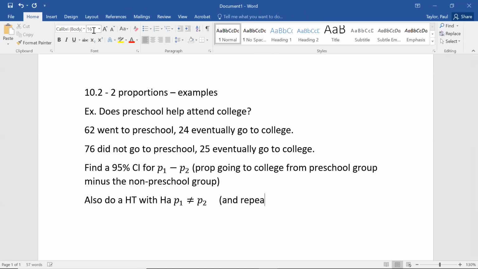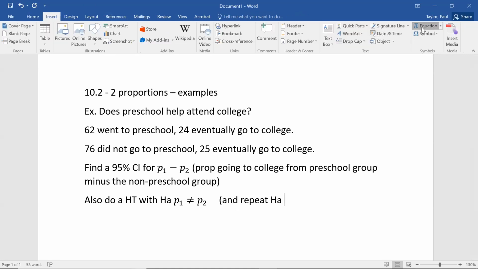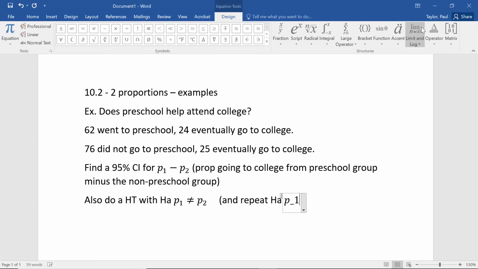And then we'll redo it with an alternative hypothesis with a specific inequality. So I guess the question I asked is, does preschool help?